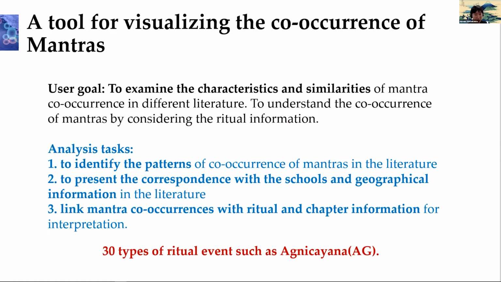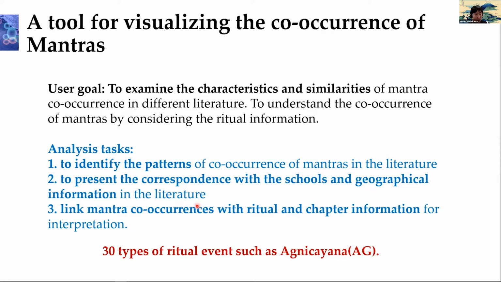For this purpose, we have listed the following analysis tasks. The first task is to identify the patterns of co-occurrence of mantras. That is the basic task of finding the pattern. The second one is to present the correspondence with the school and geographical information in the literature.